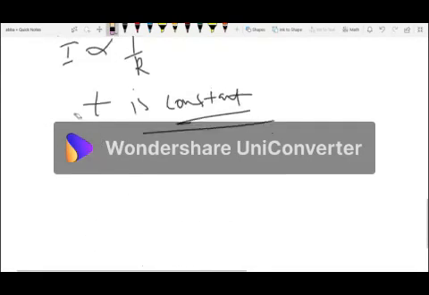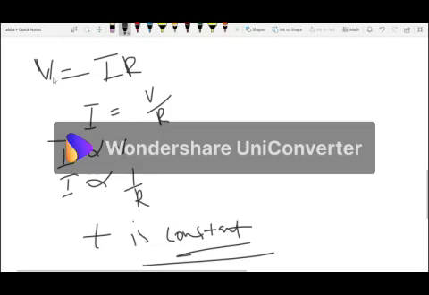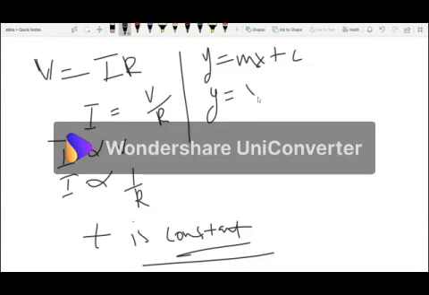So, this is what we call Ohm's law. It follows the order y equals mx plus c, but in this case it's y equals mx, where c is 0.